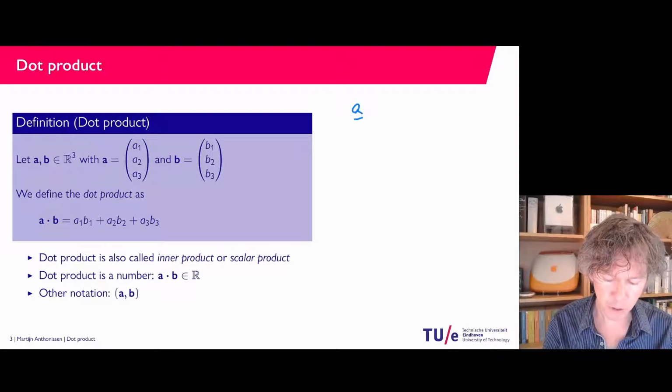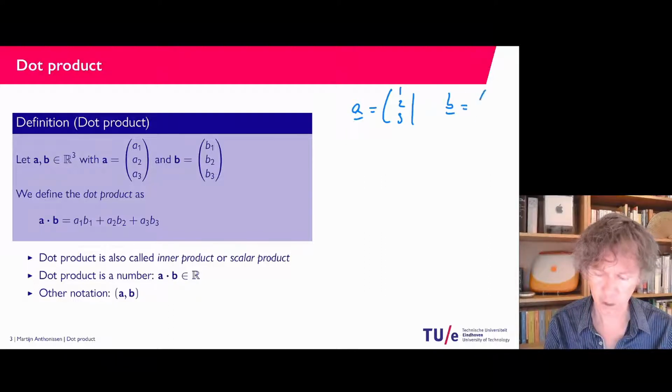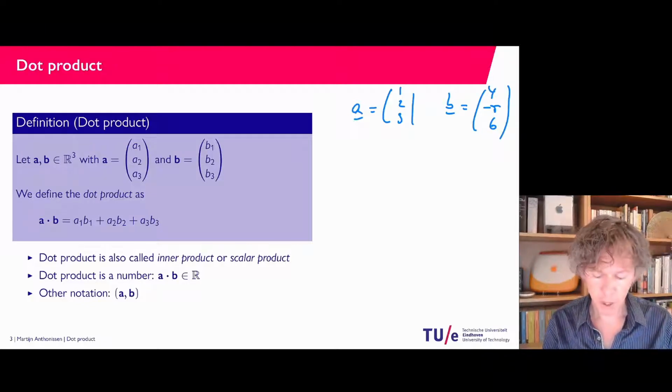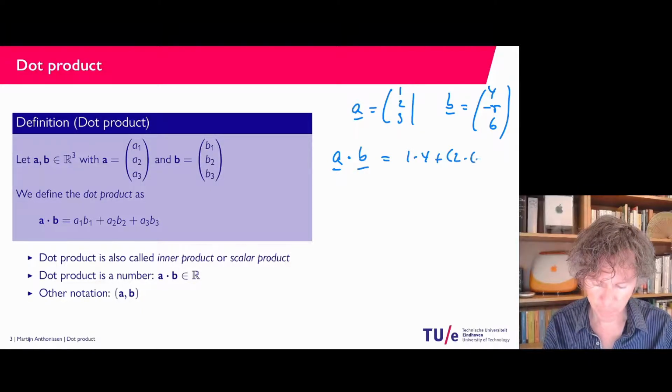So just a simple example. So if you have the vector 1, 2, 3 and the vector say 4, and let's put a minus sign in there just because it's a little bit more interesting, minus 5, 6, then the dot product, so A dot B equals, well, 1 times 4 plus 2 times minus 5 plus 3 times 6.